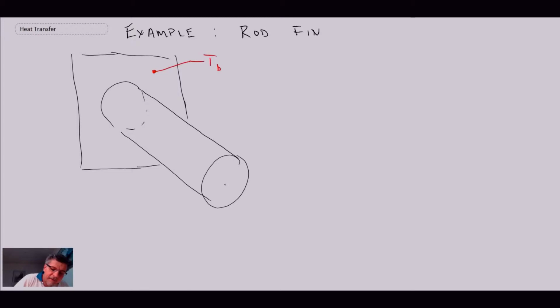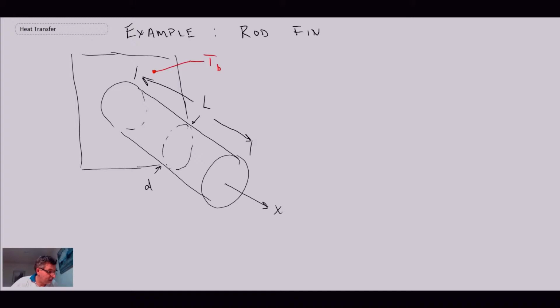So this is our fin, x is going in this direction, but essentially what it means is that the cross-sectional area at any point in the fin is round, and so we will have a diameter that describes the fin, and we will also have some length that tells us what the length of the fin is. So that is what a rod fin looks like. Not the greatest drawing, but you can figure out what's going on there, hopefully.